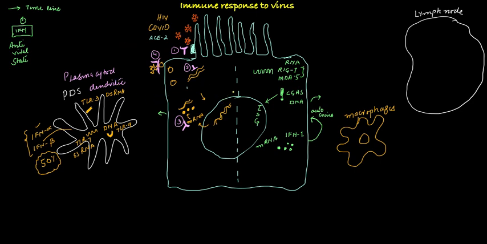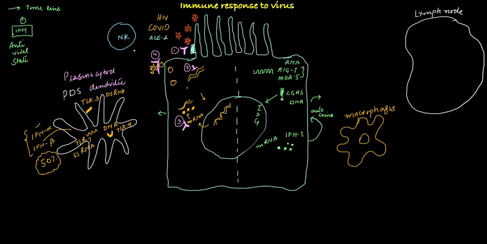Now, the next step is that the blood has specialized cells which deal with the viruses, and one of them I'm going to mention is NK cells, natural killer cells. They are part of the innate immune response, and they can detect the presence of viruses in host cells.